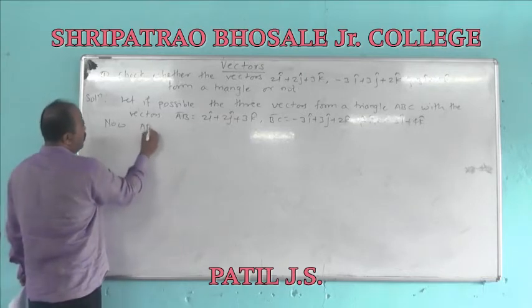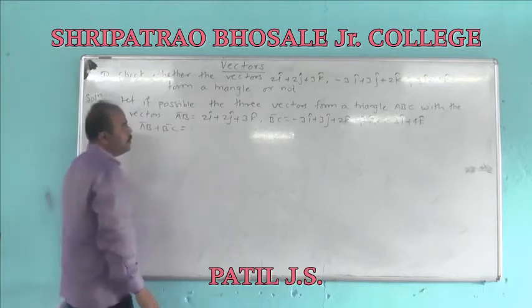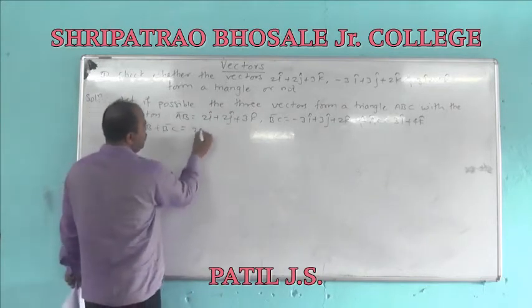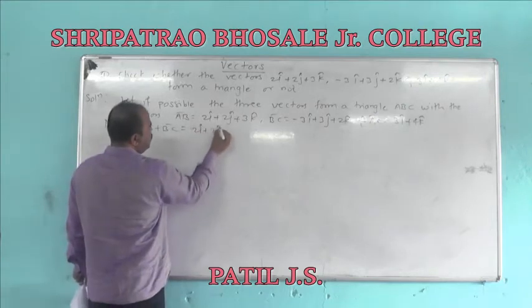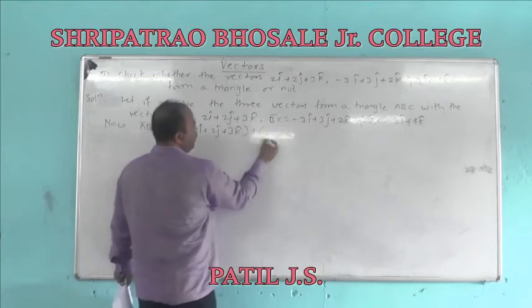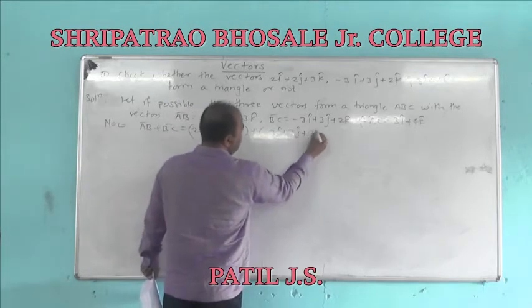Now AB plus BC, adding these two vectors, means 2i cap plus 2j cap plus 3k cap plus minus 3i cap plus 3j cap plus 2k cap.